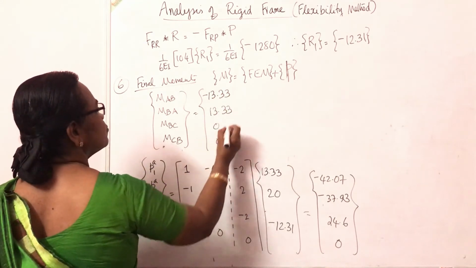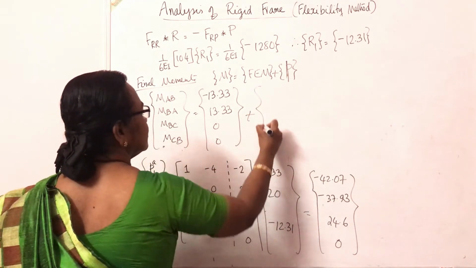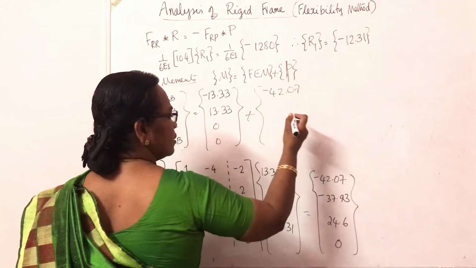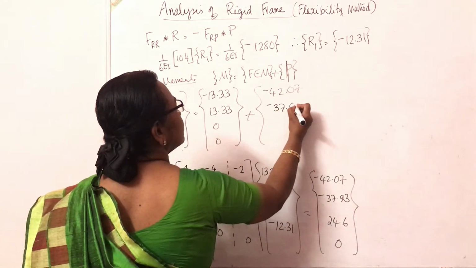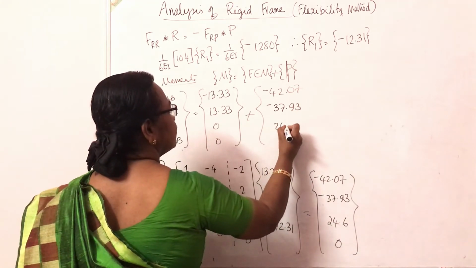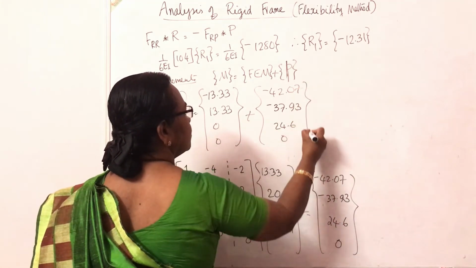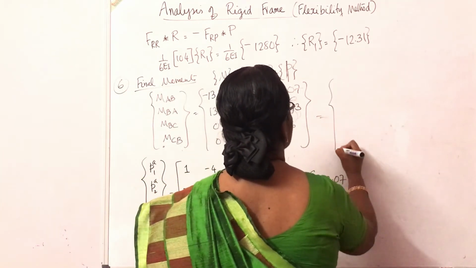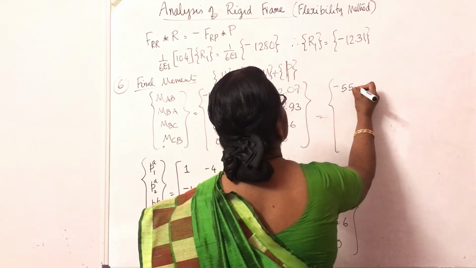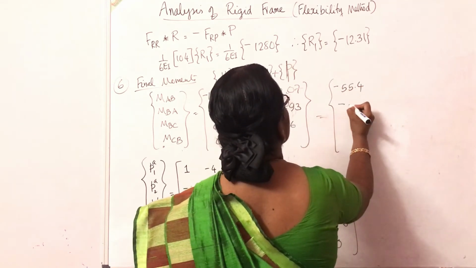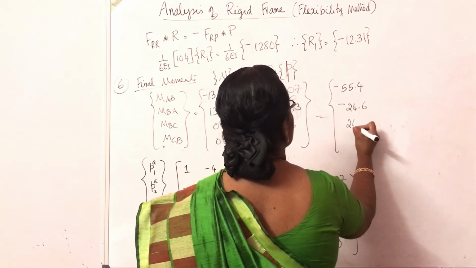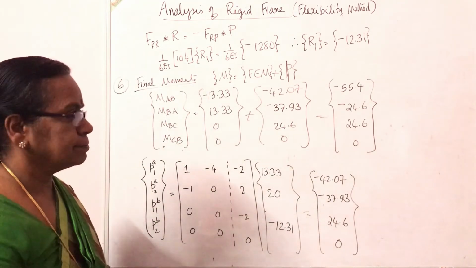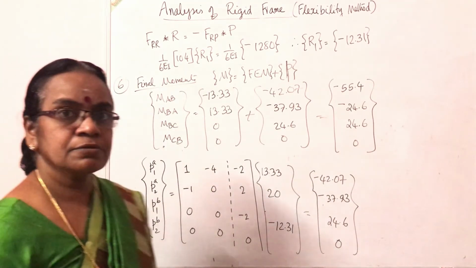For the second element, there was no fixed end moment. That plus the values which you get from this step, minus 42.07, minus 37.93, 24.60. This will work out to minus 55.4, minus 24.6, 24.6 and 0. So these are the final moments.